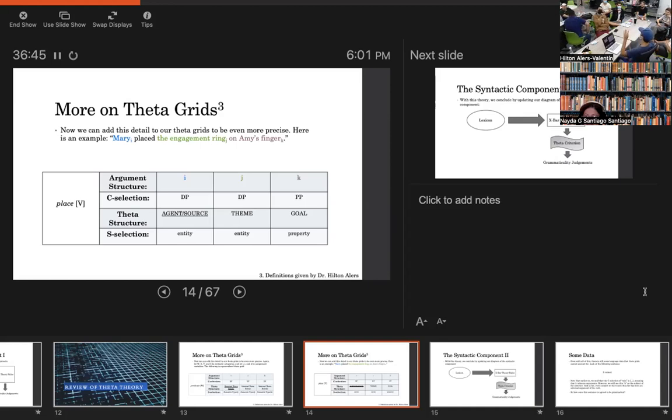It may be seen as grammatical. But Mary placed the engagement ring with Amy's finger is not grammatical. That would be an adjunct, because you're talking about manner, and manner in this case is completely optional. Note how we can talk about the placement of the ring in a certain position. We don't have to say how they did it. We do it all the time. You don't have to say how you do it. You just assume there's a certain way of doing it.